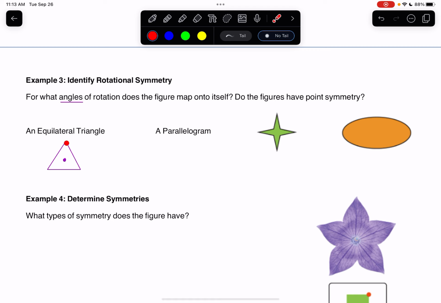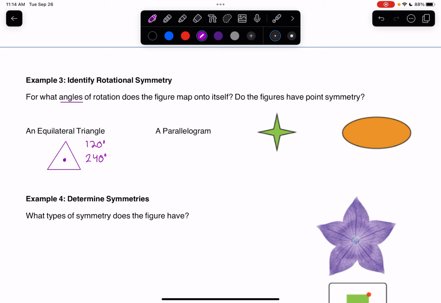So if we took this point and we rotated it down to here, the whole shape would rotate around, and that would work. So that would be like 1/3 of a turn. 1/3 of the way around 360 is 120 degrees. But after we rotated it 120 degrees, we could also rotate it another 1/3 of the way around for a 240 degree rotation, and that would cause this to look the same.